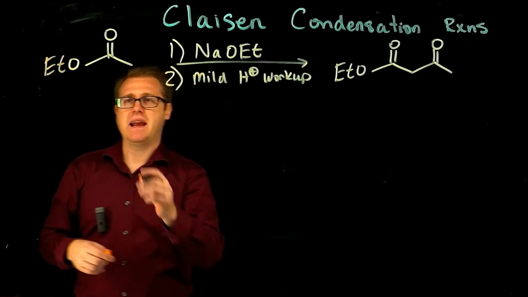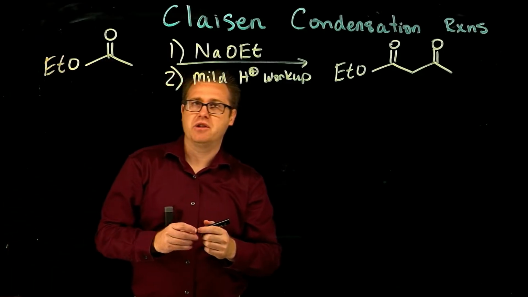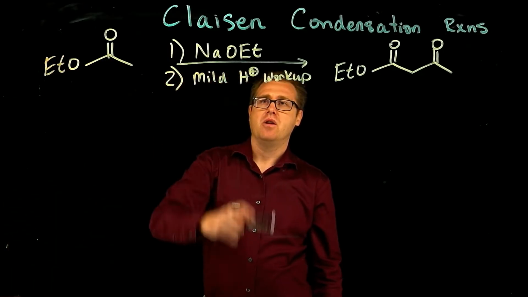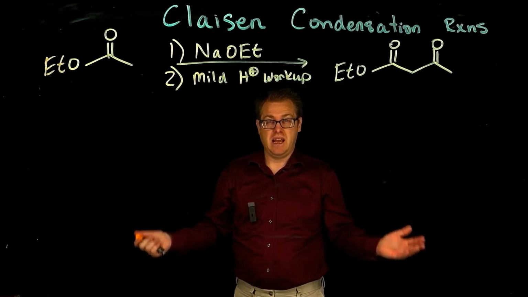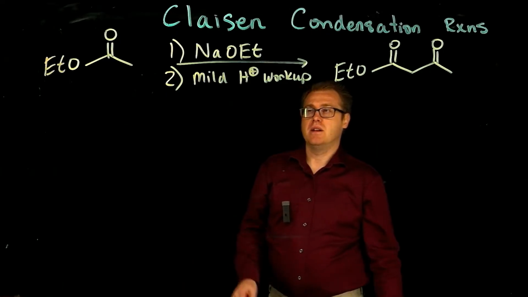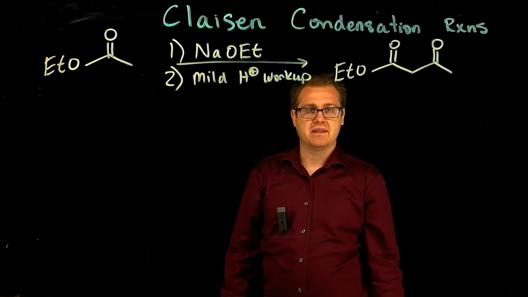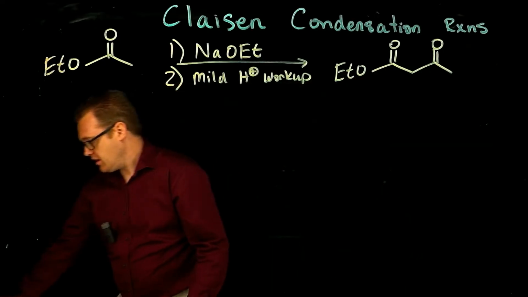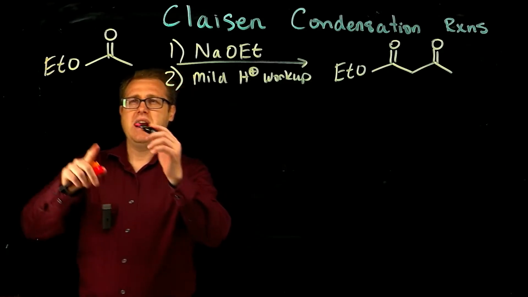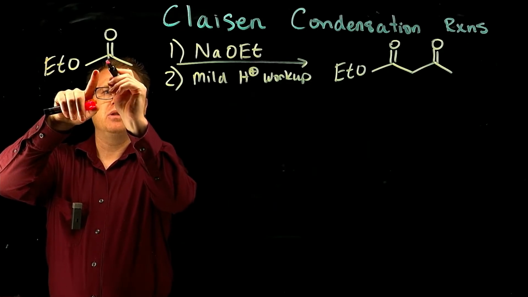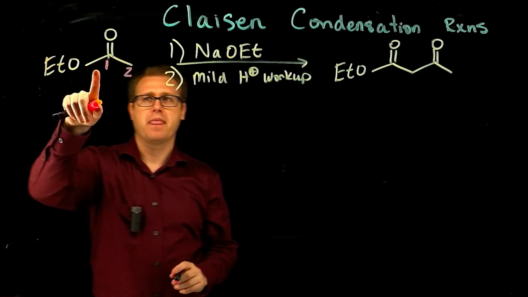So what we have is an ester. And if we treat it with a base, we can form basically another type of enolate compound, which will then attack itself. So if I can circle this here, do you see how we have carbons 1, 2?